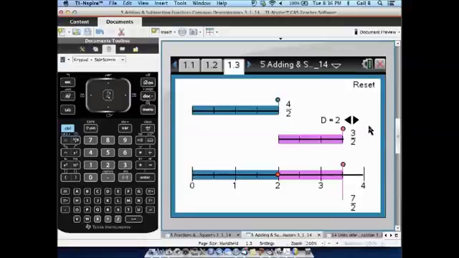However, there's another way you might look at this file and see that it could be thought of as possibly representing a subtraction. So for some of those of you that know a lot about how elementary kids develop their sense of number facts, they write 3 different number sentences.